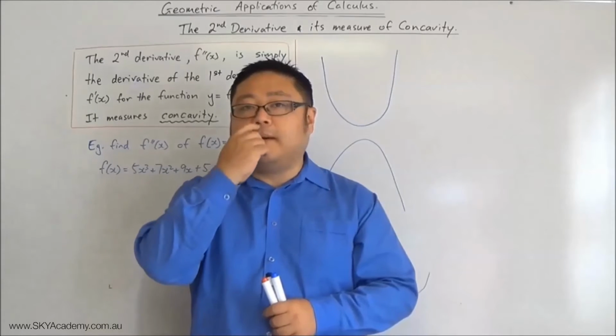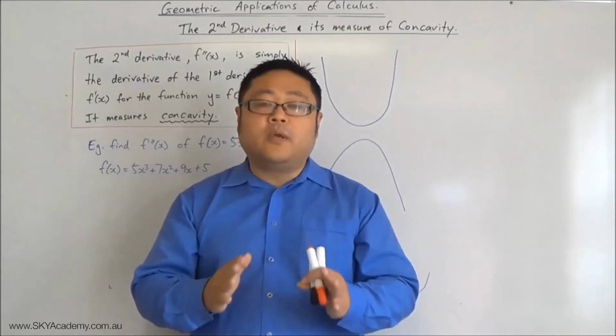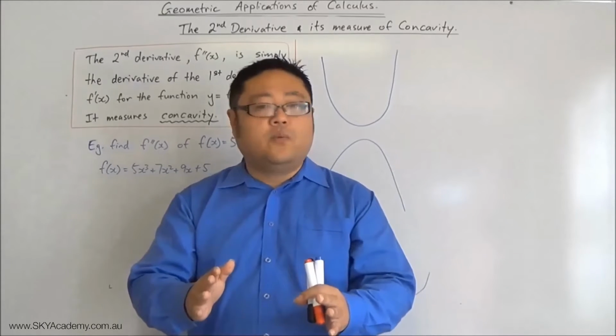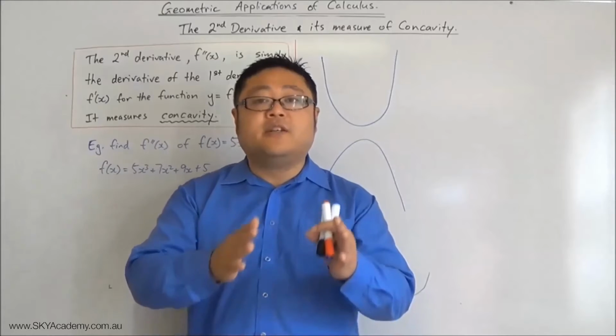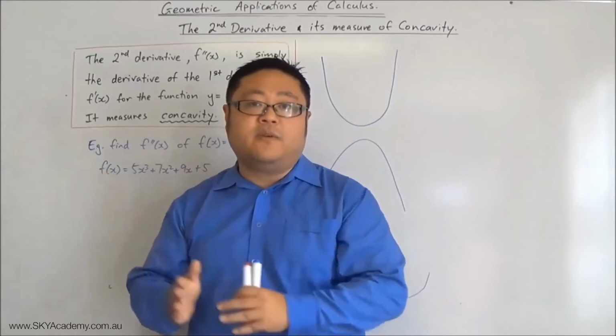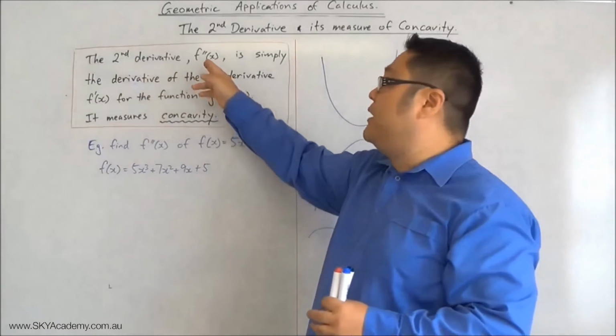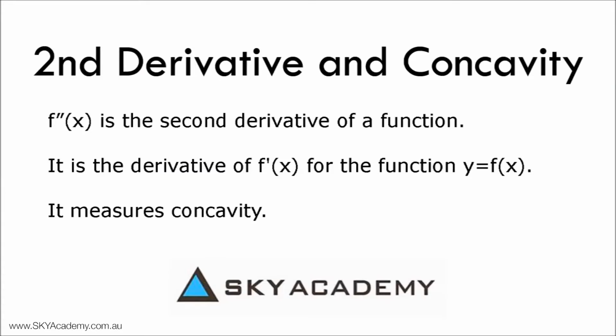In this particular episode, we are looking at a concept called the second derivative, which is a simple way of saying the derivative of the derivative. It's written f double dash of x, and it is simply the derivative of the first derivative, f dash of x, for the function y equals f of x.